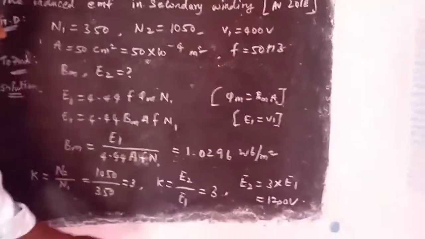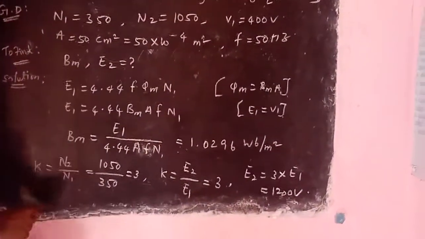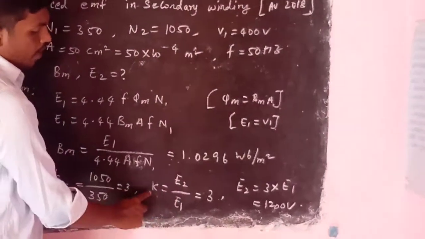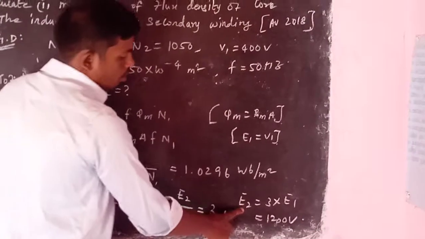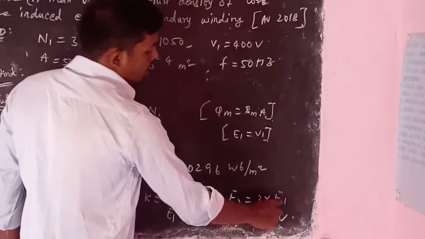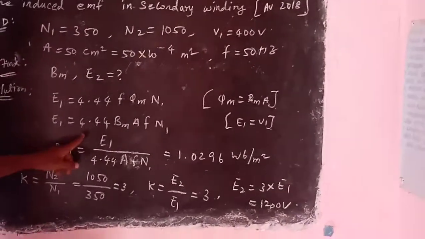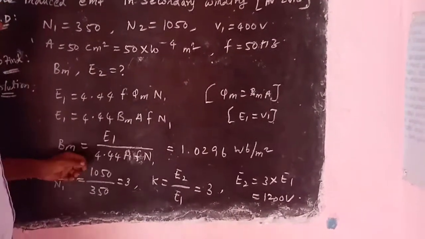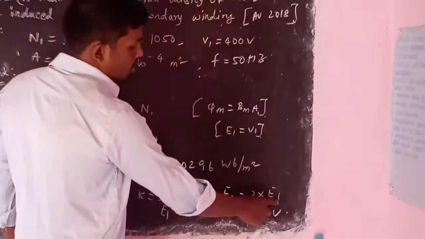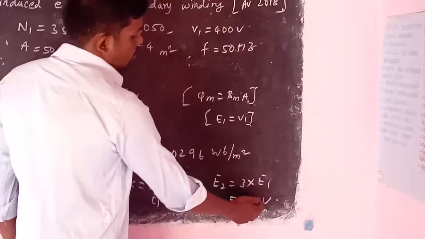Next, for the secondary winding EMF, K is equal to E2 divided by E1, so E2 is equal to 3 into E1. E1 was already found to be 400 volts, so E2 is 3 times 400, which is 1200 volts.